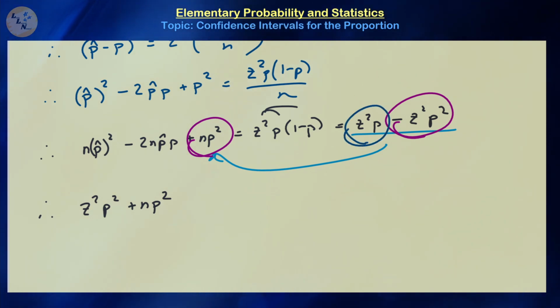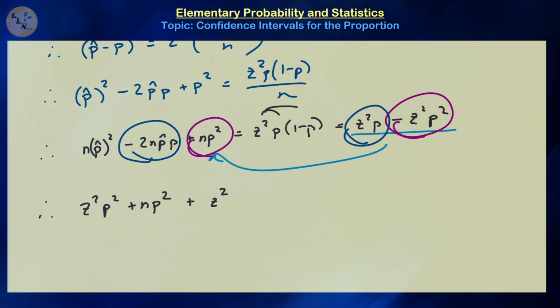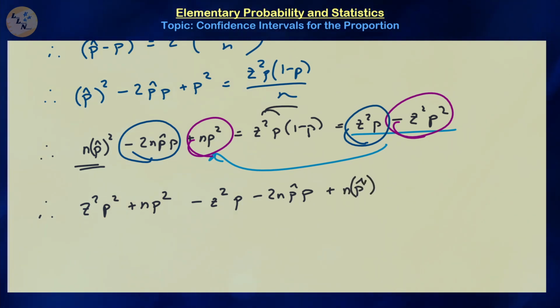So that's going to be that term and that term. So let's just group them together. So that's going to be plus z squared, that's going to be minus actually. So minus z squared p minus 2n p hat p. And then I'm going to have the other term that's sort of just chilling there all alone. It's kind of sad. So p hat, the quantity squared, is equal to 0.